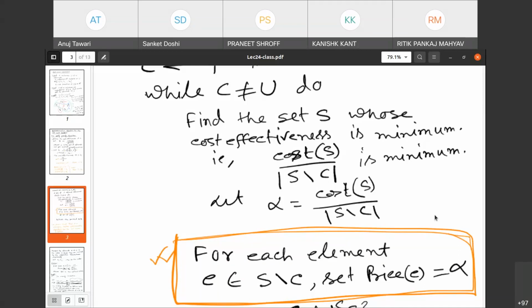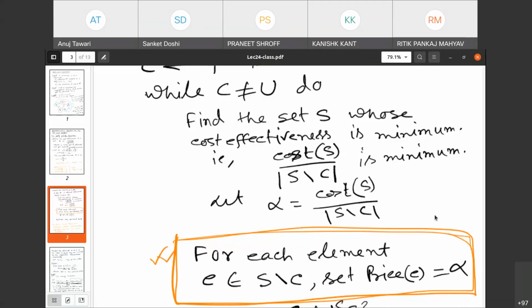And minimum cost effectiveness can be cost divided by the number of elements. So you are saying cost of S divided by S. Yeah, but it's okay if it goes to infinity because we don't want to include this set S.